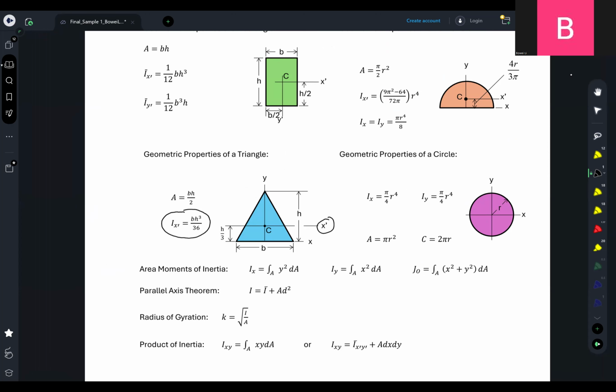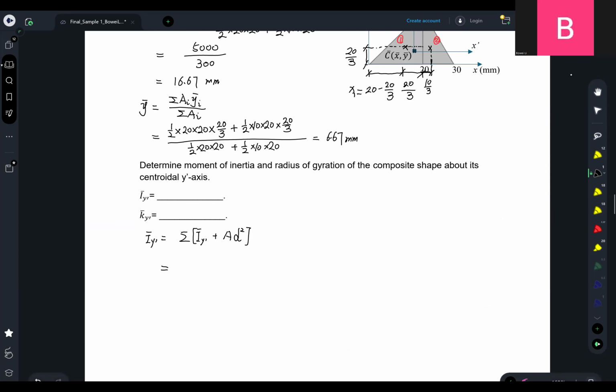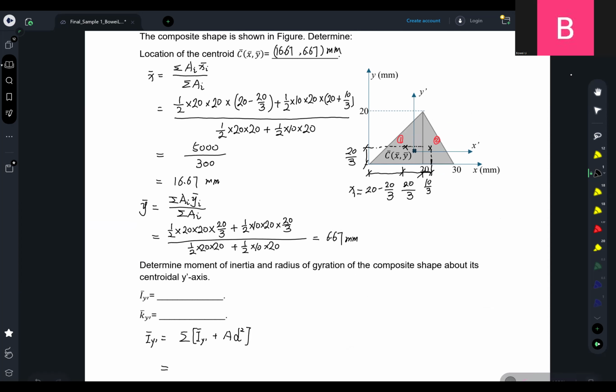Please note that the reason h is to the power 3 is that h is perpendicular to x prime here. And for our case, we are evaluating the central moment of inertia about the y-axis, right? Therefore, the quantity perpendicular to the y-axis is actually the base, right?